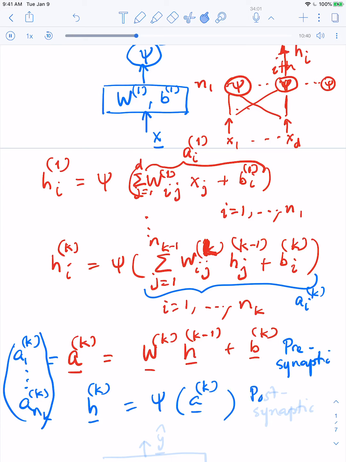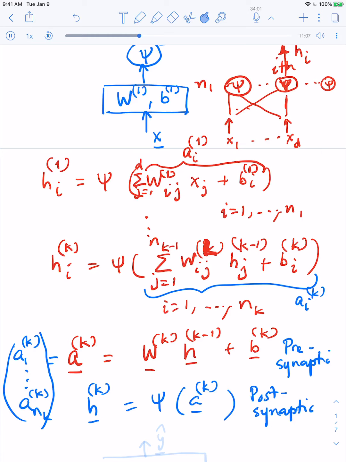And these are post-synaptic. The term synapses comes from neuroscience. These are not really how real neurons work, but we'll adopt these terms sometimes just to avoid talking about a's and h's. So that's what we have in terms of the generic kth layer.